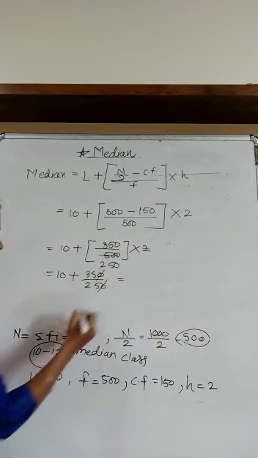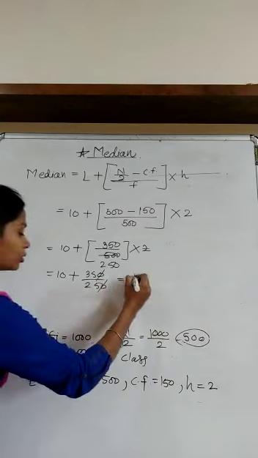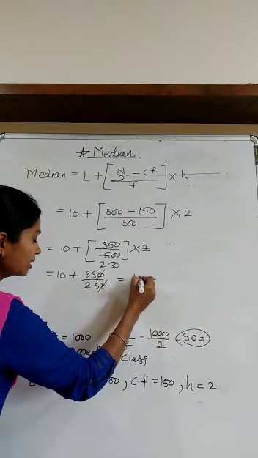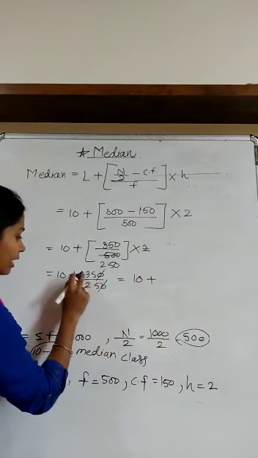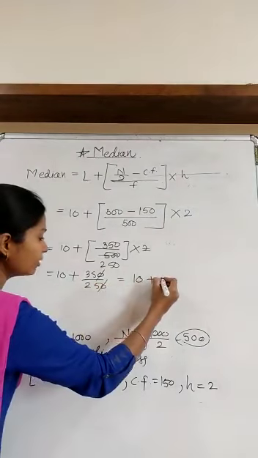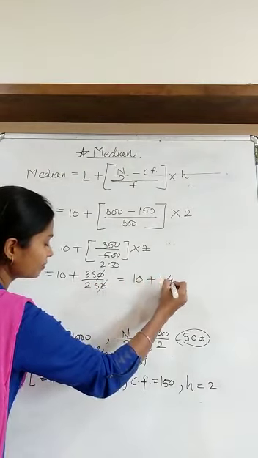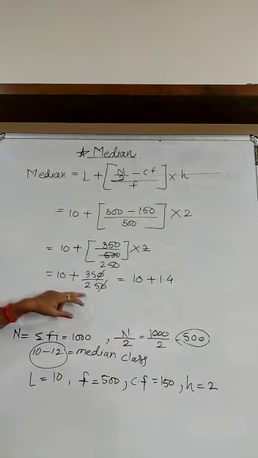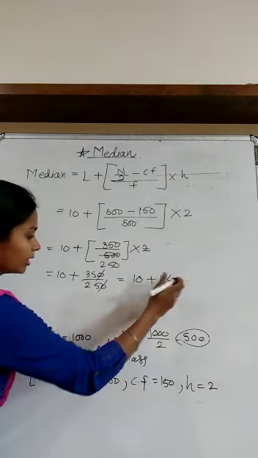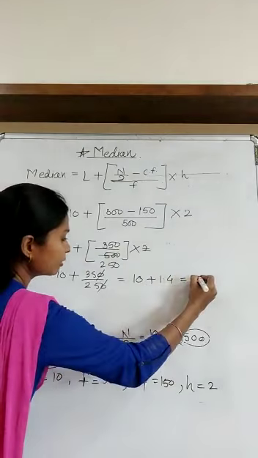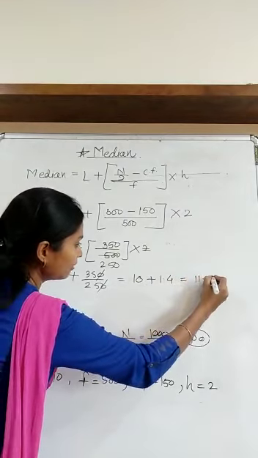Let us cancel out the 10 from that, and so I will write 10 plus 35 divided by 25. I will divide 35 by 25 and I will get the answer 1.4. In that way we will get 1.4. 10 plus 1.4 is nothing but 11.4.